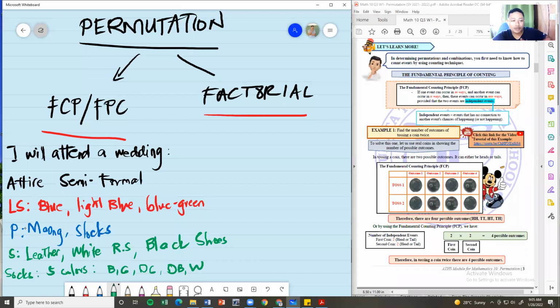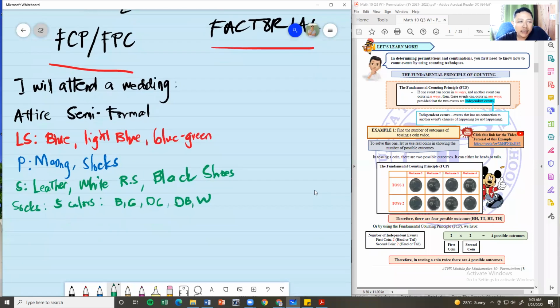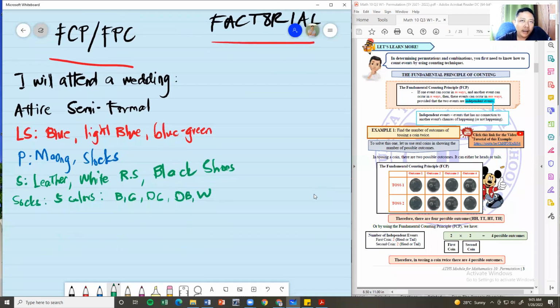Ayan. Question. The question is, how many possible semi-formal attire combinations do I have or can I have out of this list or out of these available resources?